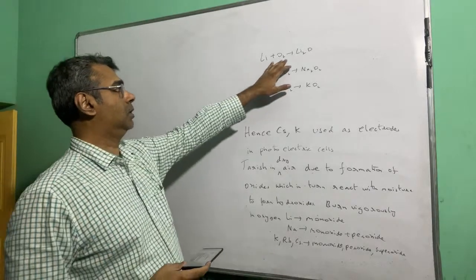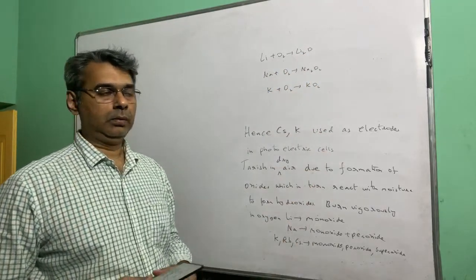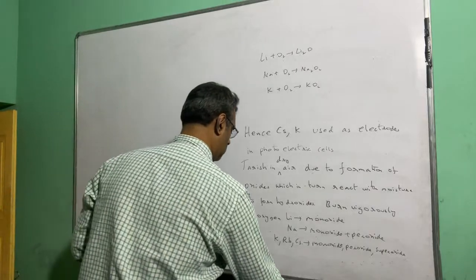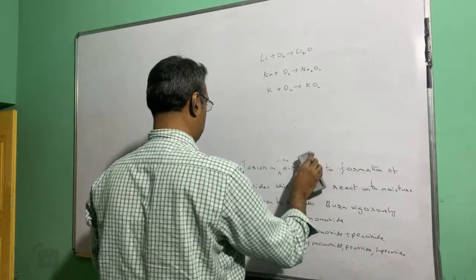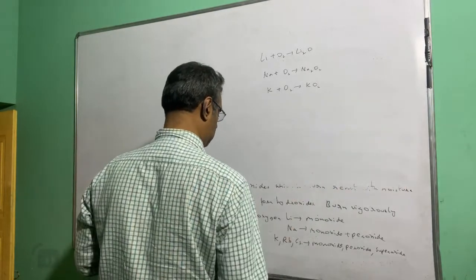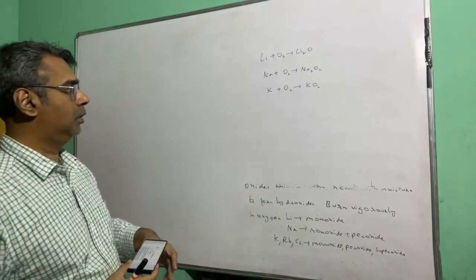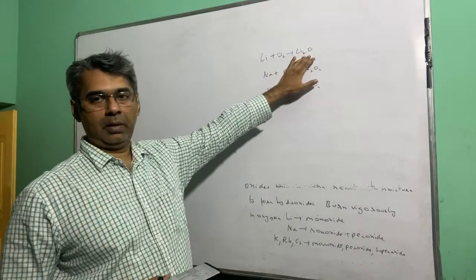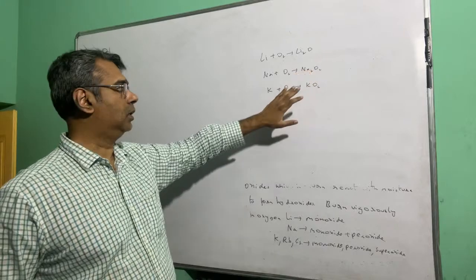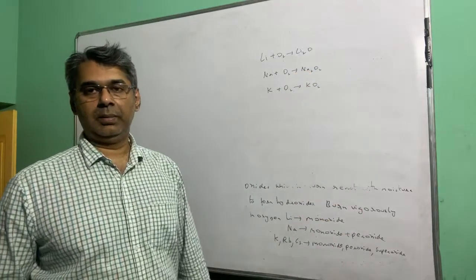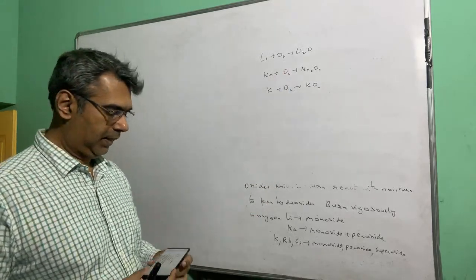So lithium with oxygen gives Li2O, Na plus O2 gives Na2O2, K plus O2 gives KO2. So lithium only forms monoxide, sodium can form monoxide and peroxide both, and potassium, rubidium, cesium can form mono, peroxide as well as superoxide, right?